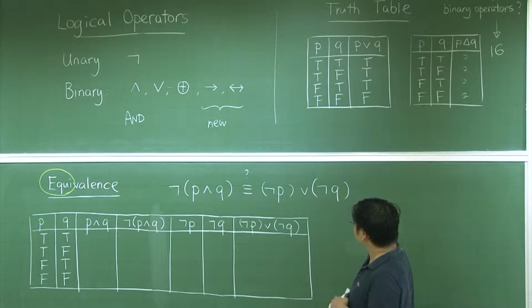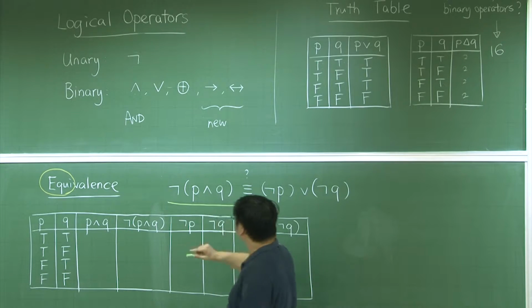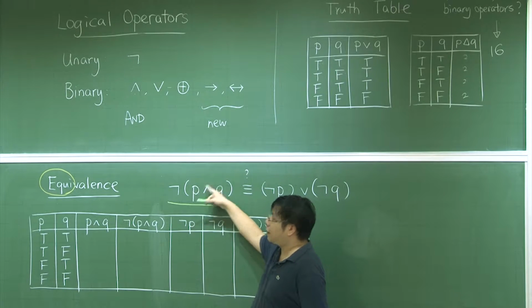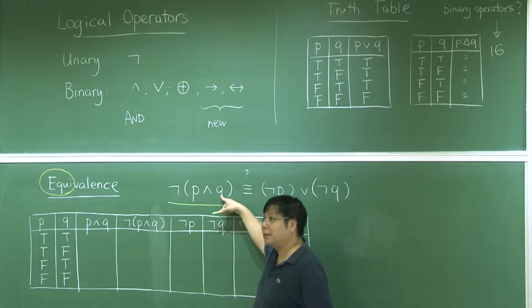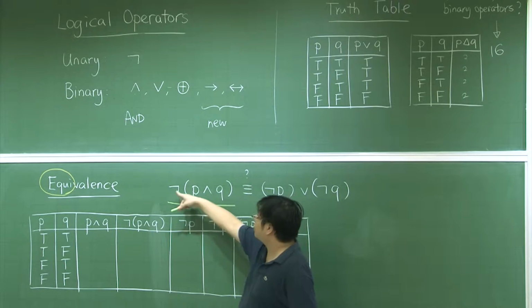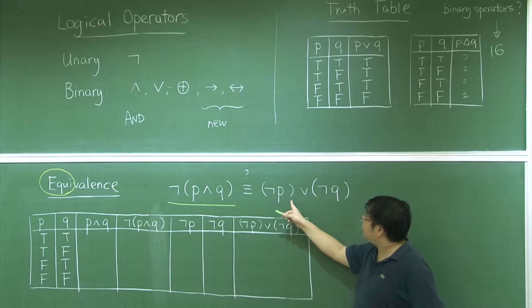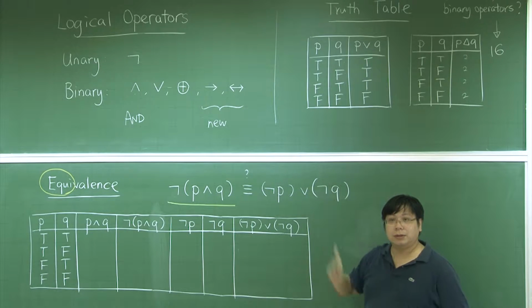For instance, I have two propositions here. One is not, then a bracket, P and Q. The bracket tells us to apply P and Q first, get the result, and then apply not. And the other proposition is not P or not Q.